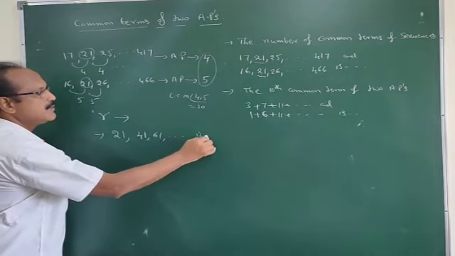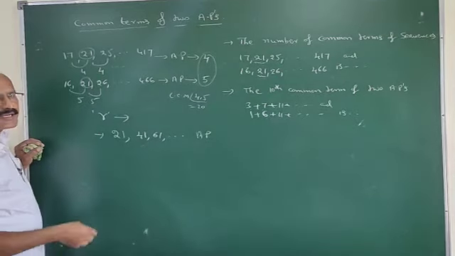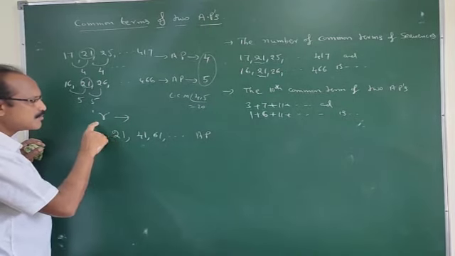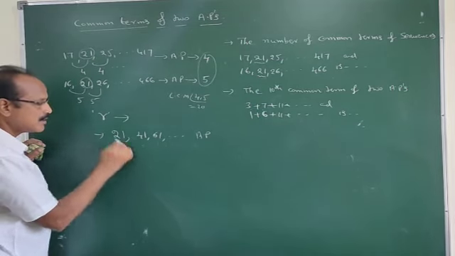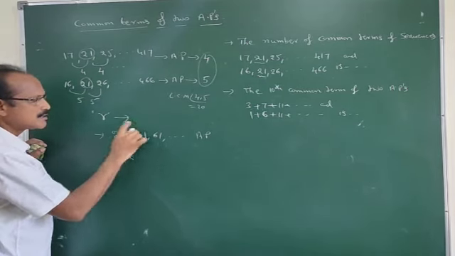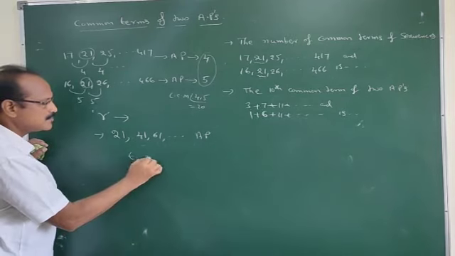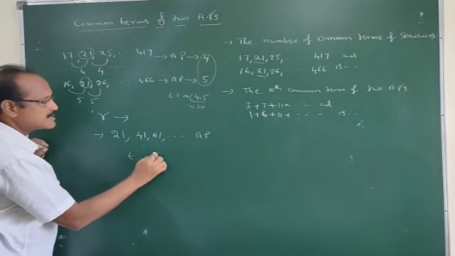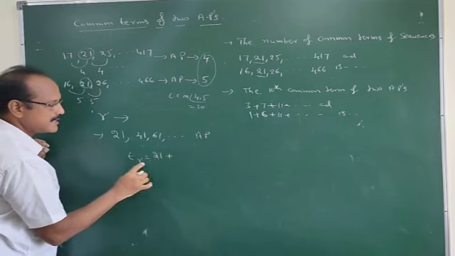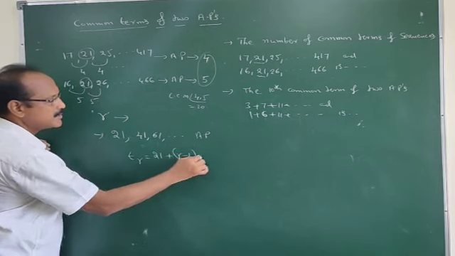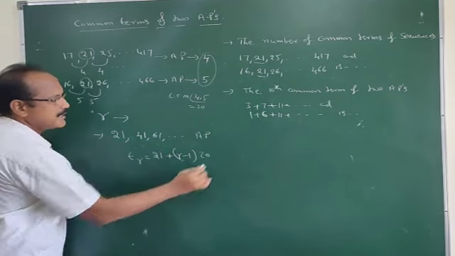So I am framing a sequence with common difference 20. It is an AP. You have to calculate the number of terms of this AP. Right. Now I am writing the rth term. We don't know the number of common terms. The rth term is given by a plus n minus 1 into d, where a is the first term, n is R here, and the common difference is 20.